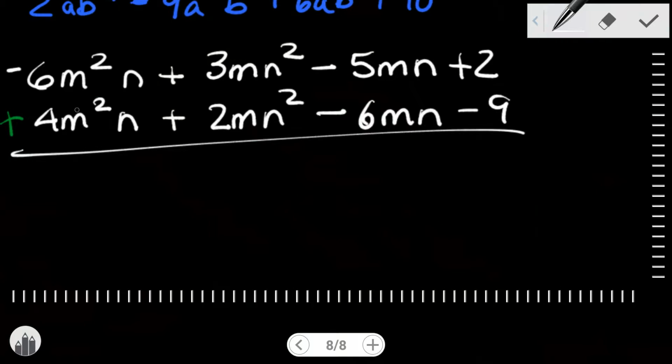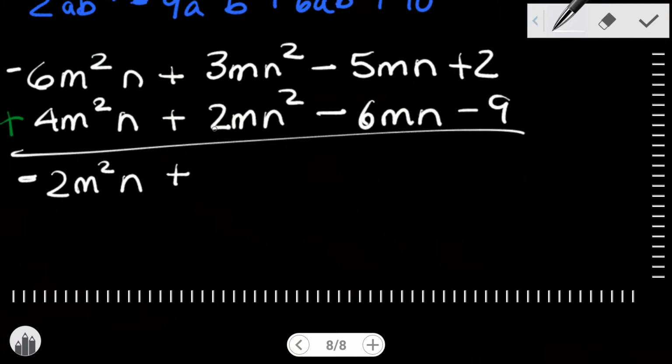All right, so make sure you line up your like terms, get those correct, and we can go ahead and go from there. So you have a negative 6m squared times n. 6 is your coefficient, and negative 6 plus 4 is negative 2. So negative 2 times m squared times n. All right, so moving on to the next term, we have the 3 as a coefficient and the 2 as a coefficient.